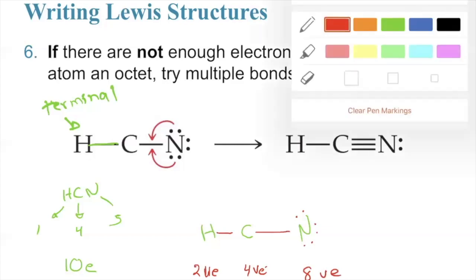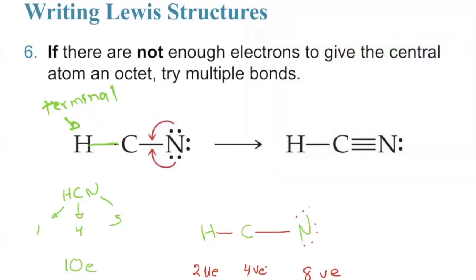So we're going to take these 2 electrons and convert them into a bond. Now, nitrogen has 2, 4, 6, 8 valence electrons, carbon has 8 valence electrons, and hydrogen has 2 valence electrons. Happy, happy, happy.